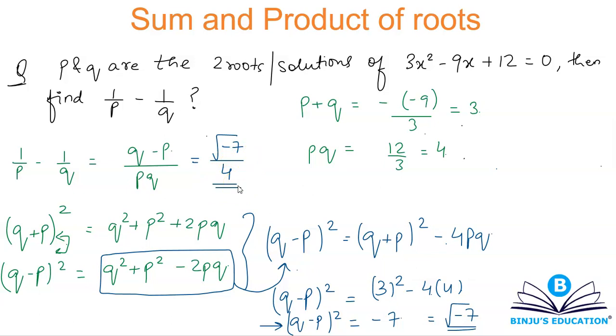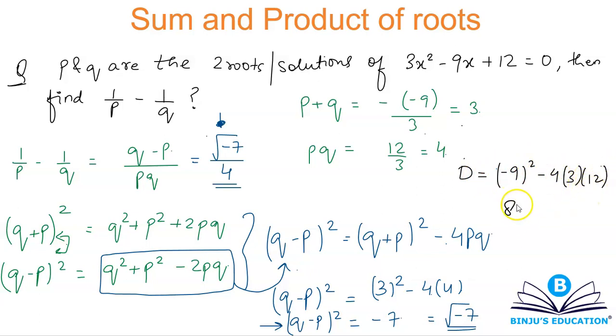Now you can also verify: if this is coming out to be root of -7, which is an imaginary value, the roots should be imaginary. That's why you're getting this value as imaginary. So check the value of the discriminant, that is b square minus 4ac. So D is b square, that's -9 square minus 4 into 3 into 12.